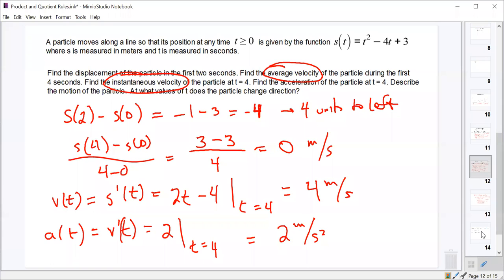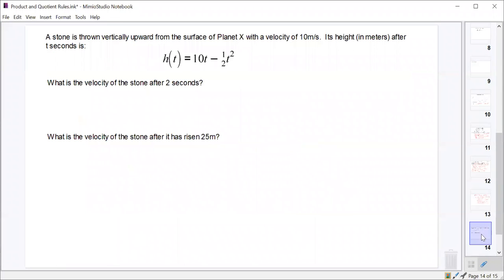If you were looking for average speed, that's the total distance traveled divided by the total time. But we don't quite have the tools yet to figure out the total distance that the particle might travel in any given time period. So we'll learn some better tools later on this year.